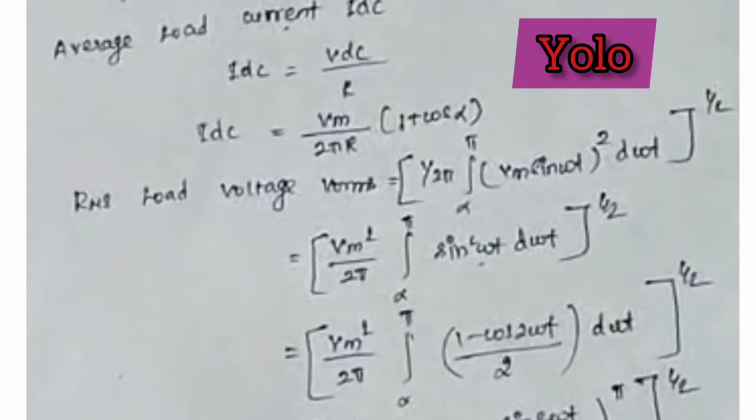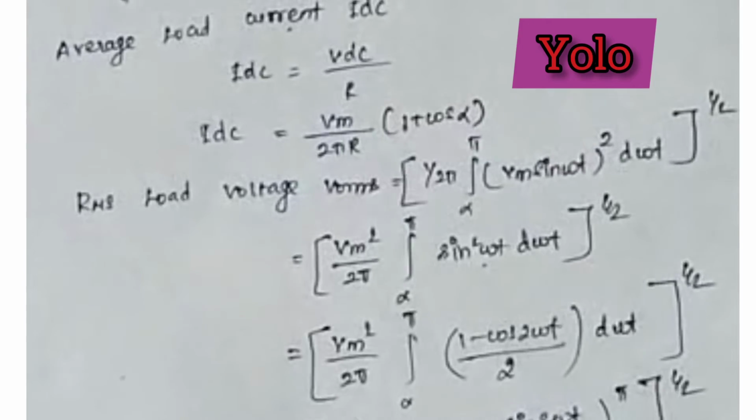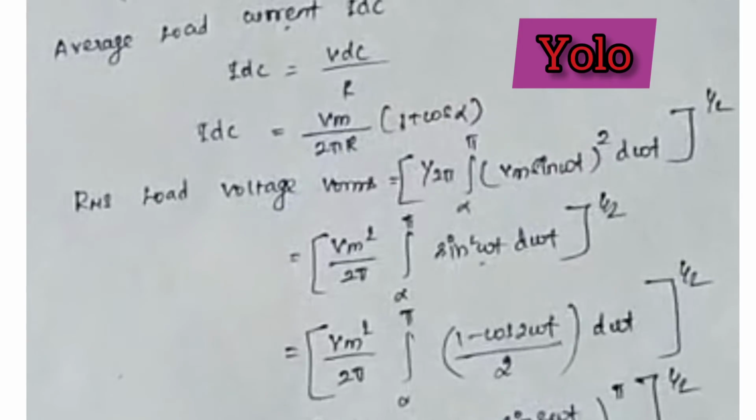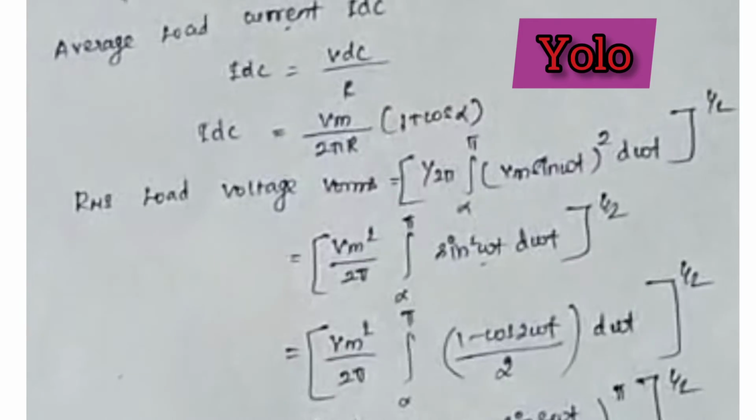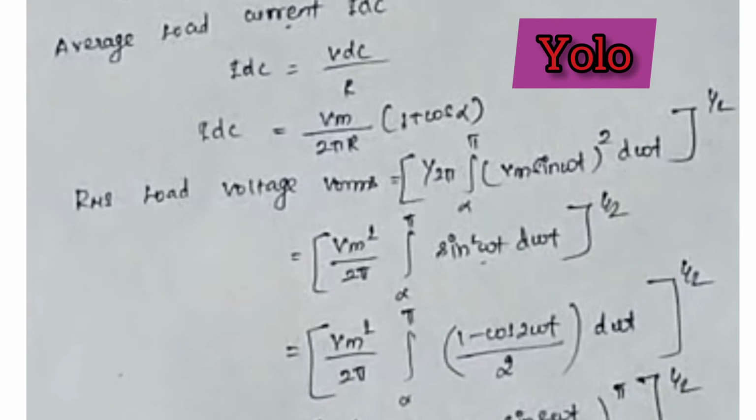In sin square omega t d omega t, the next term is Vm square divided by 2 pi, limit alpha to pi, where sin square omega t can be replaced by 1 minus cos 2 omega t divided by 2 into d omega t, to the power 1 by 2.